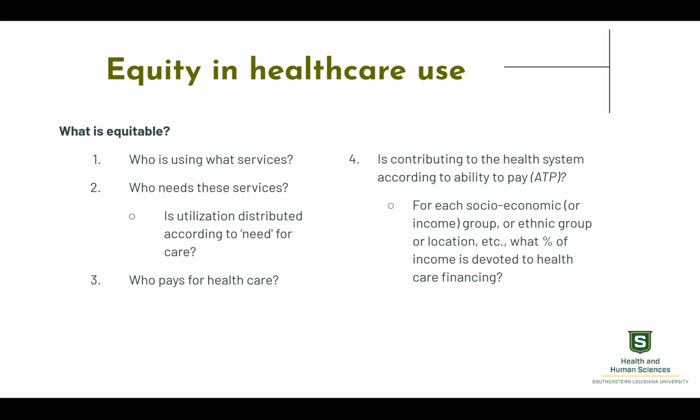And you also have to look at it in terms of socioeconomic group, where you're also looking at ethnic groups, and we talked about catastrophic spending, where you're also looking at what percentage of the household income is going into healthcare financing. So these are all the things to consider when we are considering equity in healthcare use.